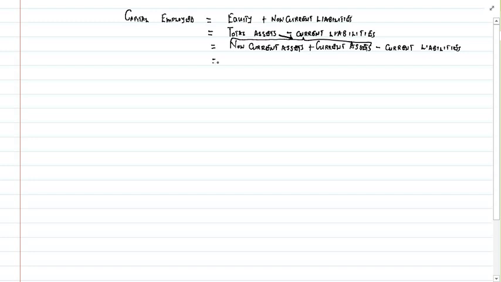Or else we can write this formula as non-current assets plus working capital, being current assets minus current liabilities, right?